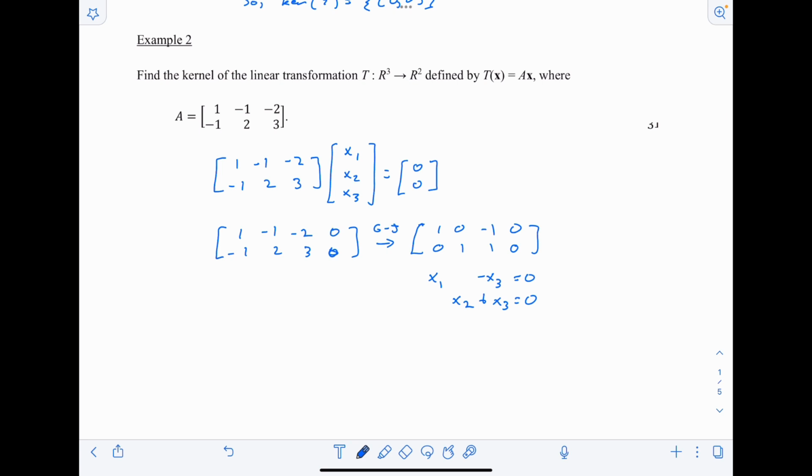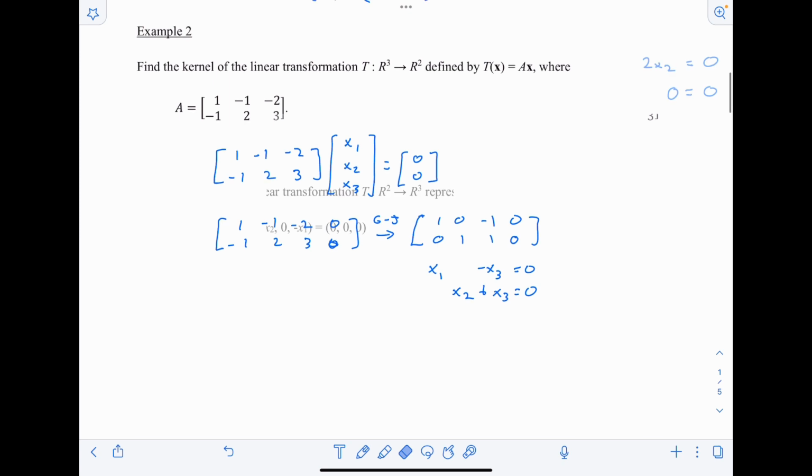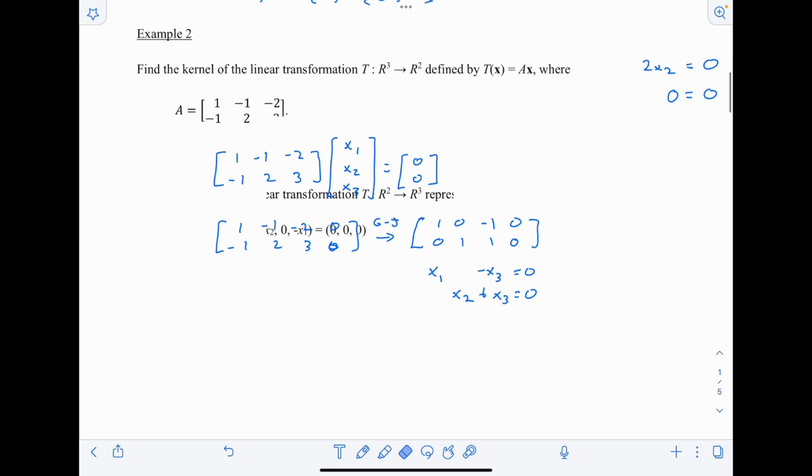Now, if I put this in a different form, basically what we get is x1 equals x3, and x2 equals negative x3. So if I let x3 be t, I'm going to put this into matrix form.